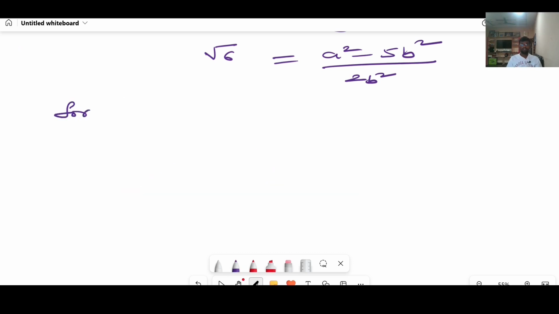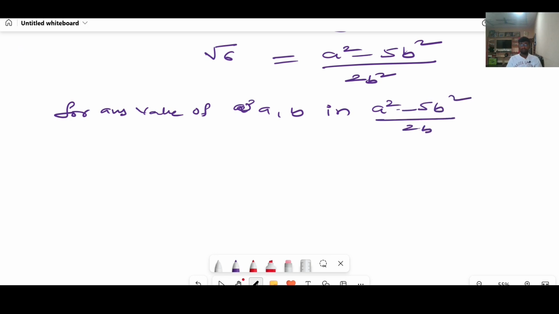for any value of a, b in a square minus 5b square by 2b square, the value is rational.